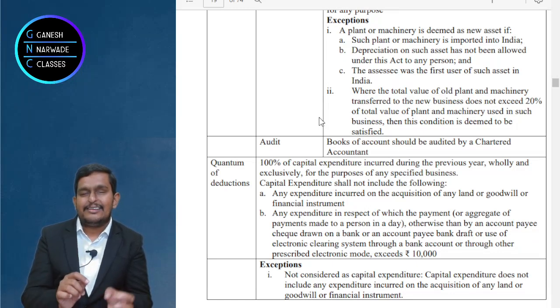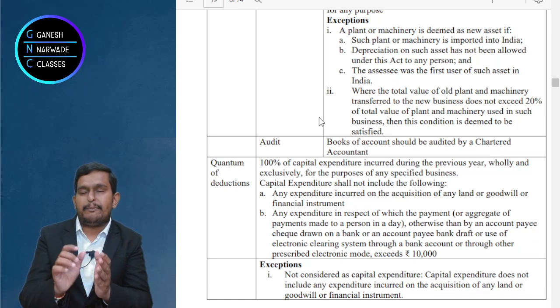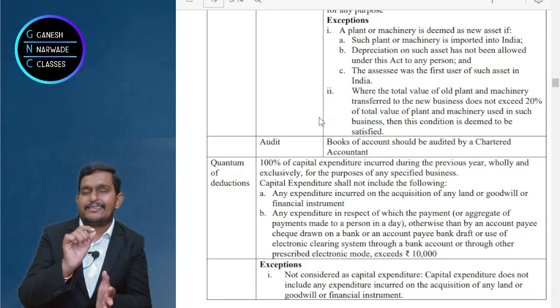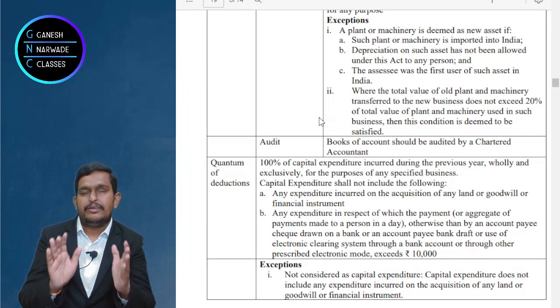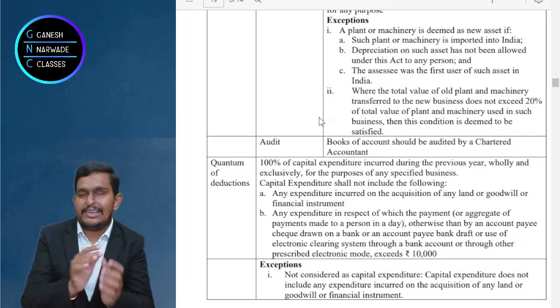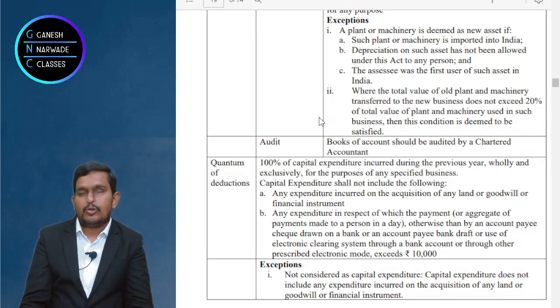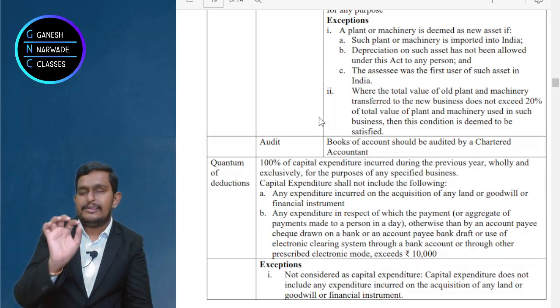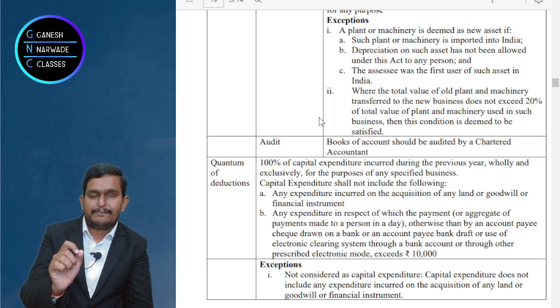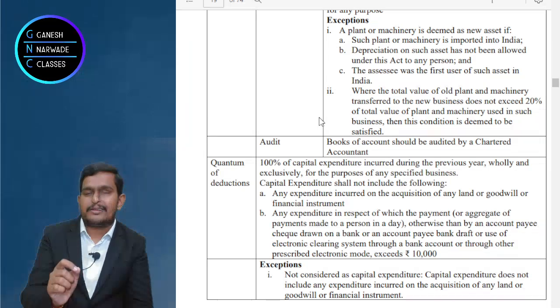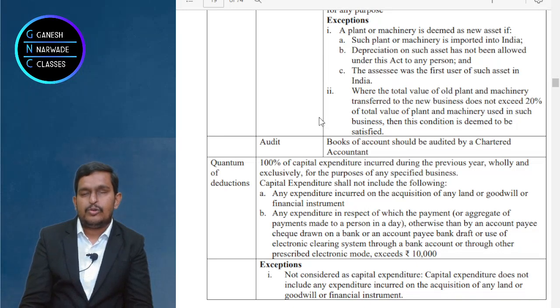Other than that, you can still buy 20% of the assets from India which are second hand. No problem, you will get the benefit of 35 AD deduction. So what about the new assets? I am talking 100% assets should be new is a general rule, but there are exceptions. From a foreign country we can bring some assets, and 20% second hand assets can be used.